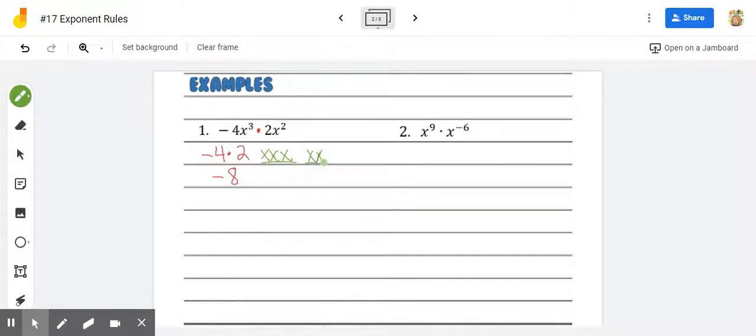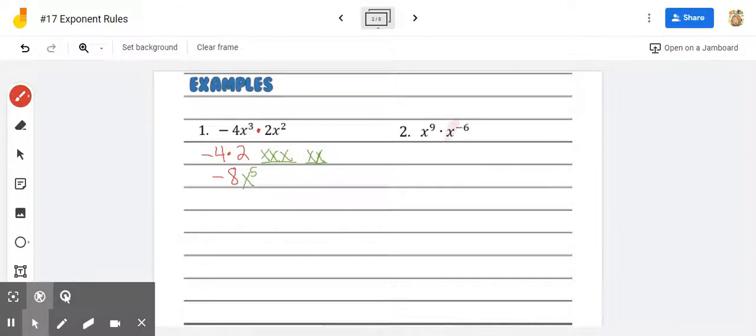So if I am multiplying these all together, what is the new power that I can write on the x now since I wrote them all out? Well, I don't see 3 and 2. I see all together 5 x's. So our answer for our first example is negative 8x to the power of 5.